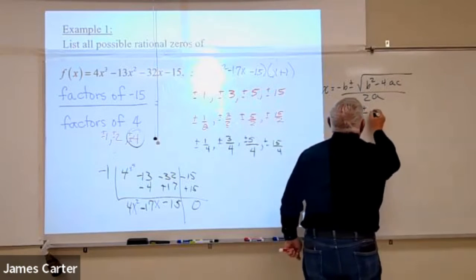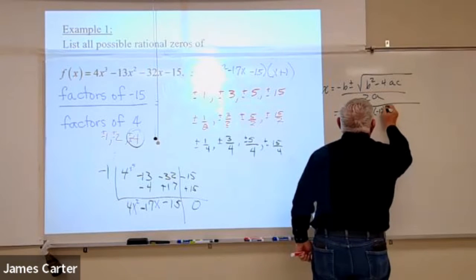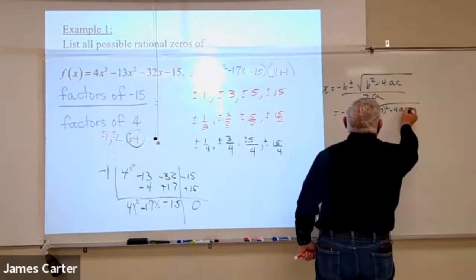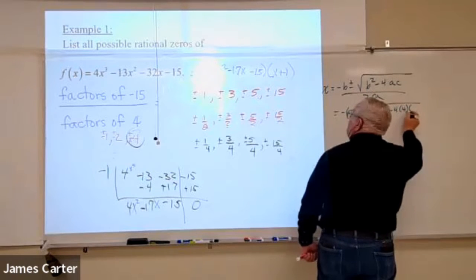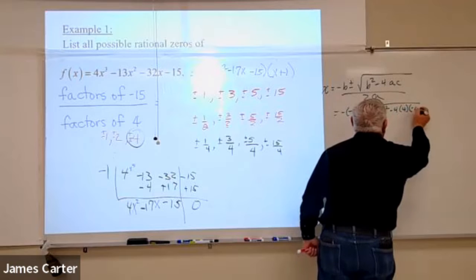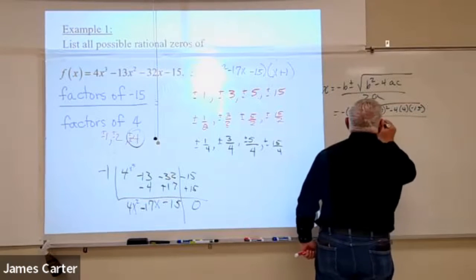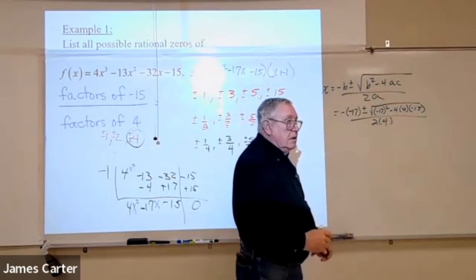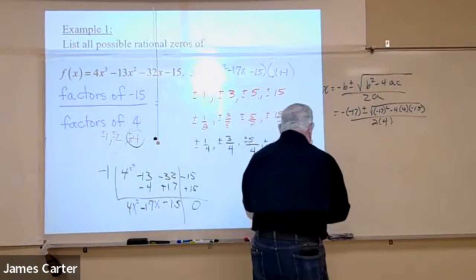Plus or minus the square root of negative 17 squared minus 4ac. Well, a is 4. C is negative 15. All over 2 times a, which is 4. Okay. We continue on.